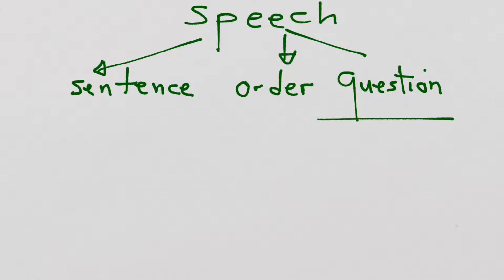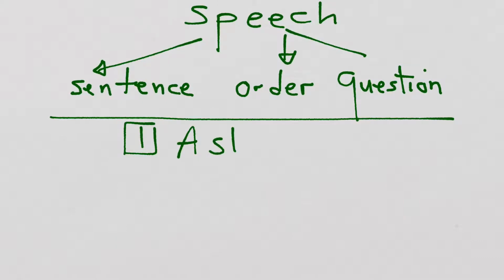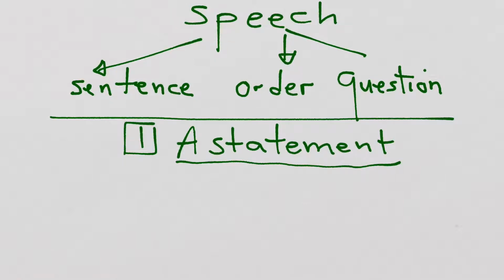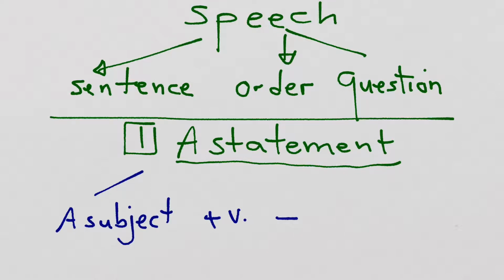First of all, I'm going to explain how you can change a statement into reported speech. But what do we mean by a statement? What are the components, the main parts of a statement? A statement consists of a subject, plus a verb, plus an object.